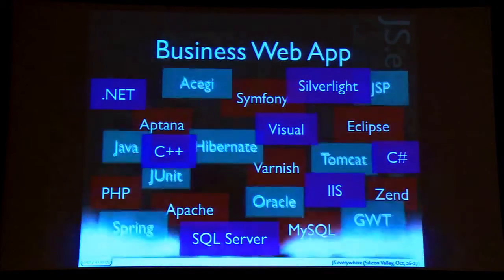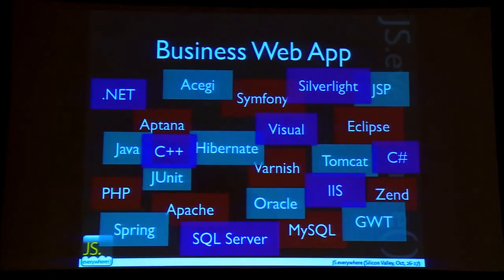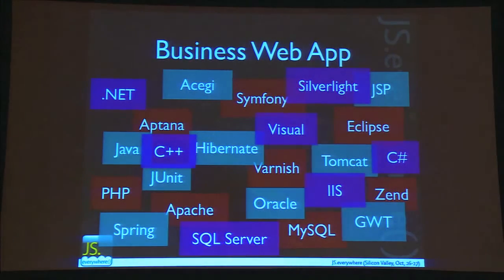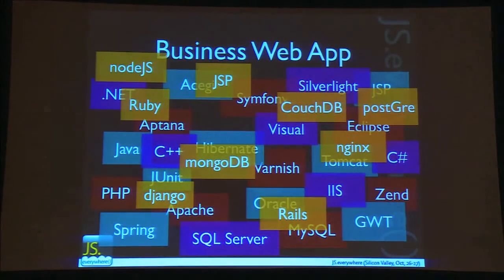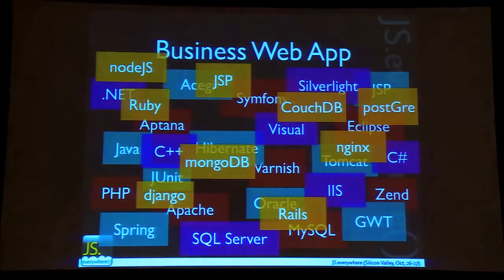Or you have the Java stack, and you're using the tools available for Java. If you don't want to use one of the three main stacks, and recently more and more people are doing this, you use other different pieces and mix them to create your business web application. But here, I've just talked about the back end.